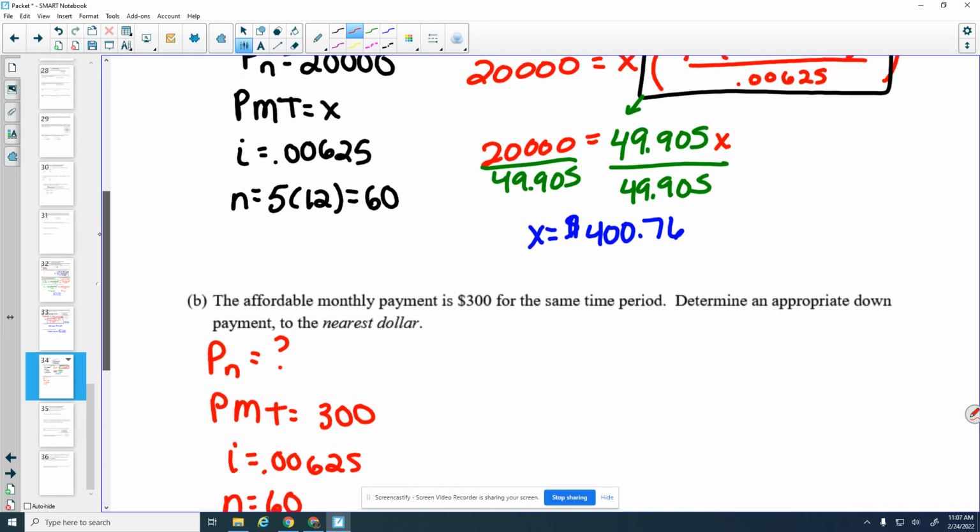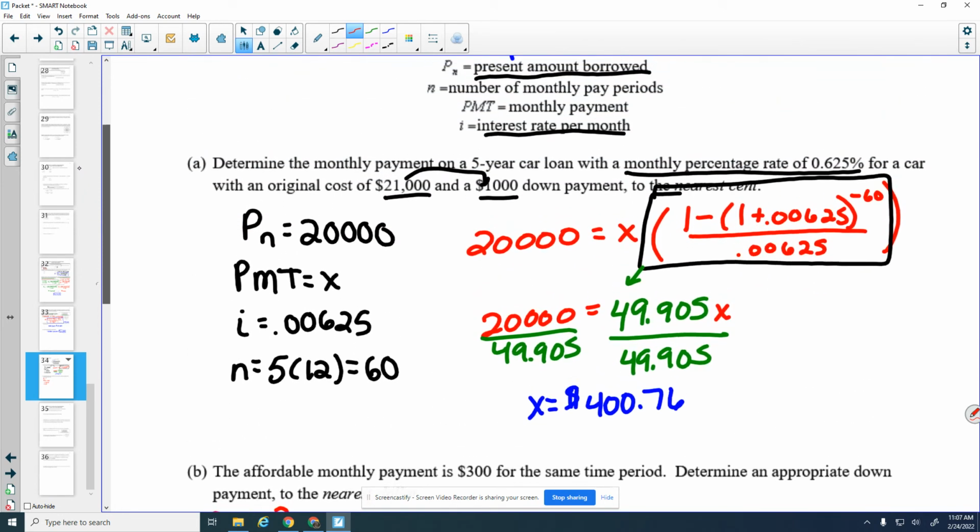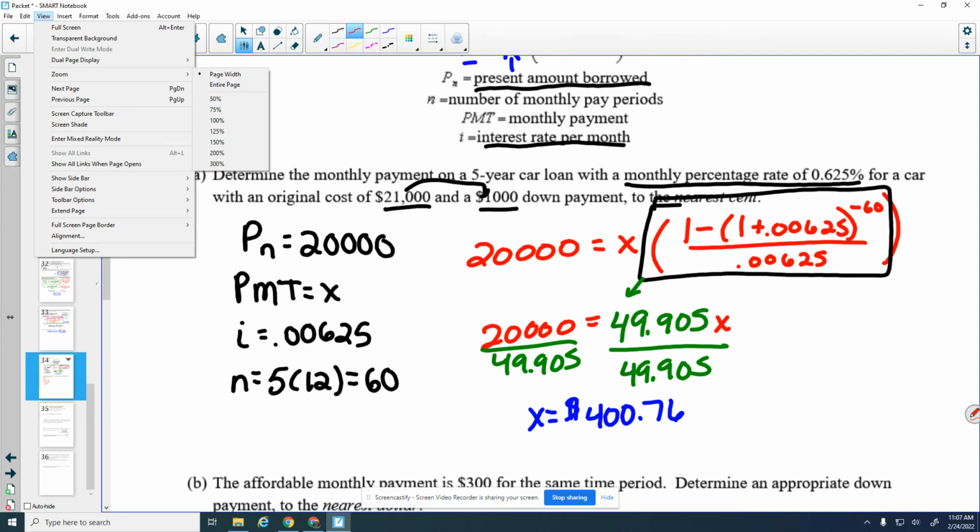So when I start to plug it into the formula, I zoom so I can see both of them.